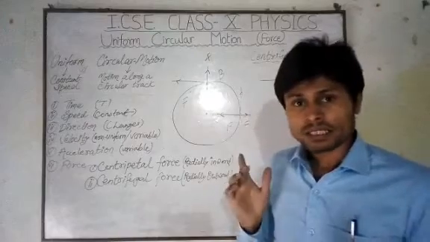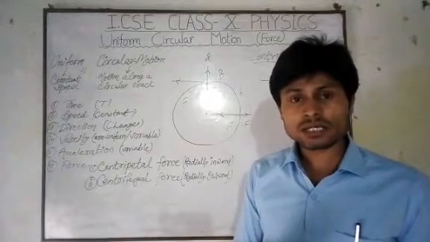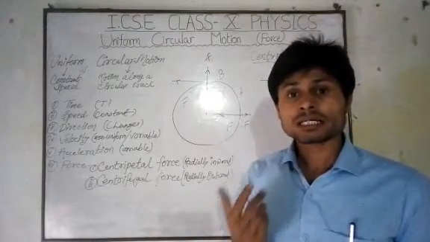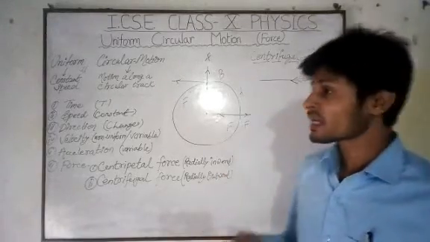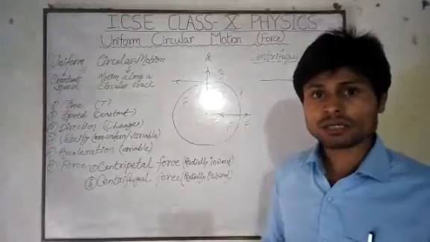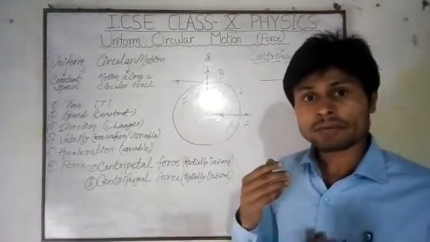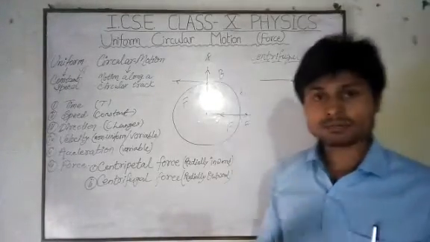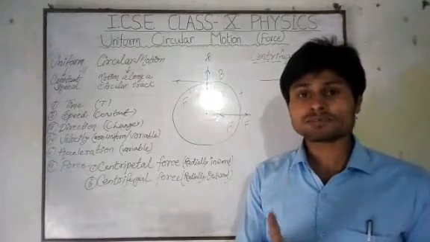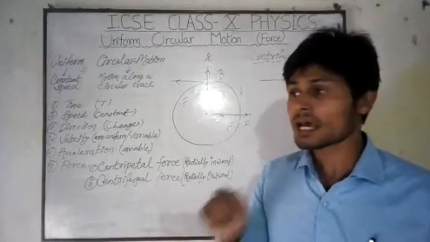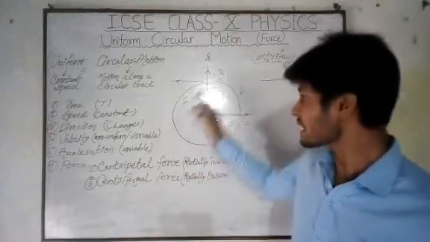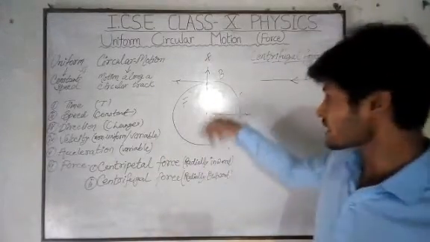So the centrifugal force is actually an assumed force. It is a virtual force that is assumed to be acting on the body to maintain its linear motion. That means it is the tendency. The centrifugal force is due to the tendency of the body to maintain its linear direction of motion at any particular point of the circular track.